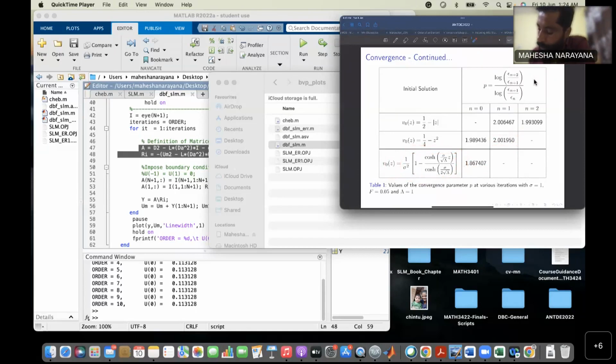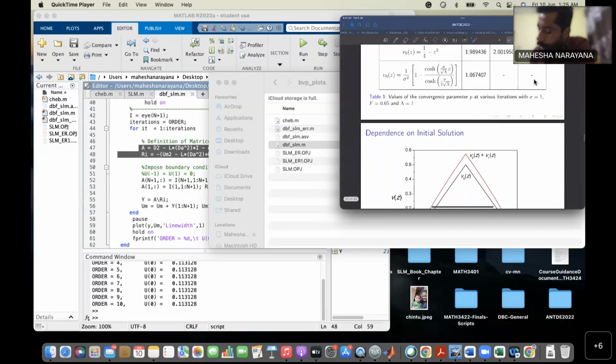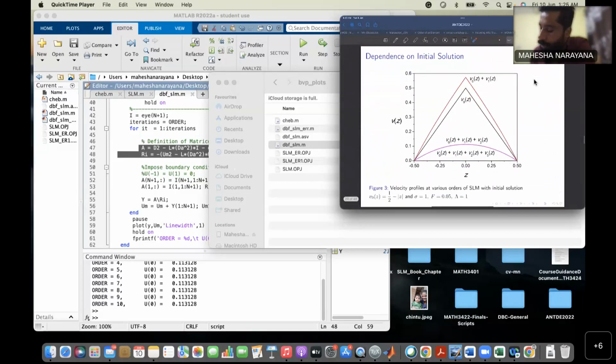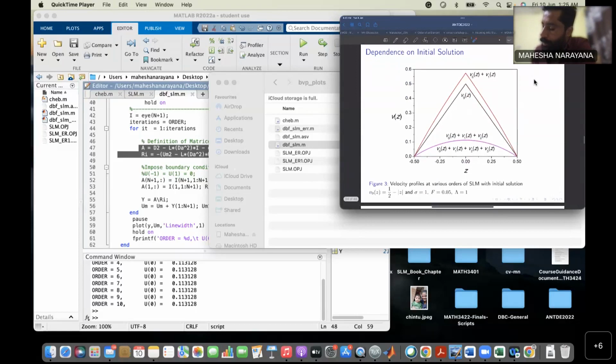We will now talk about this dependence on the initial solution. Even if you have a non-smooth approximation, which is very far away from your actual solution, it will converge in not more than three iterations.